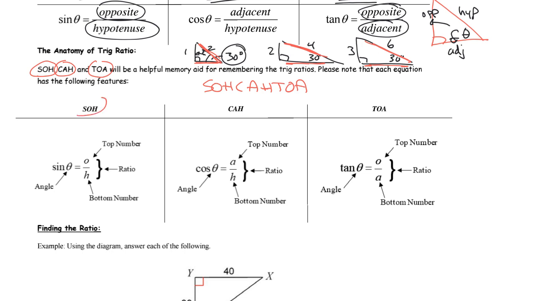The way that works is: So is sine is the opposite divided by the hypotenuse. Cah is cosine is the adjacent divided by the hypotenuse. Toa is tangent is the opposite divided by the adjacent. That's just a way of helping people memorize those ratios, because you do need to have them memorized. You do need to know what they are.